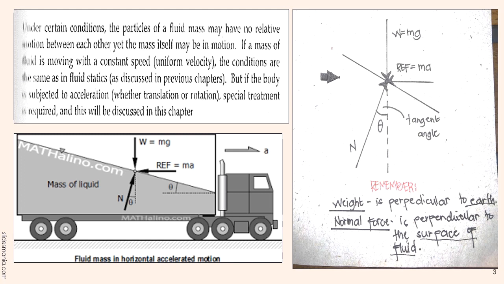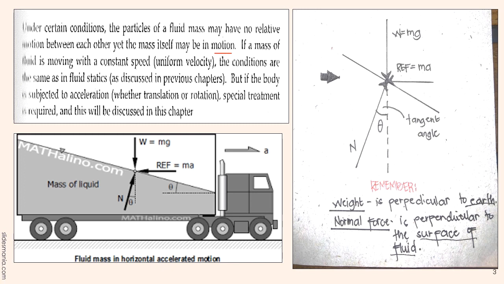But before we start solving our problem, let us first take a look at this illustration given to us. What is rectilinear translation? Under certain conditions, the particles of a fluid mass may have no relative motion between each other, yet the mass itself will be in motion.